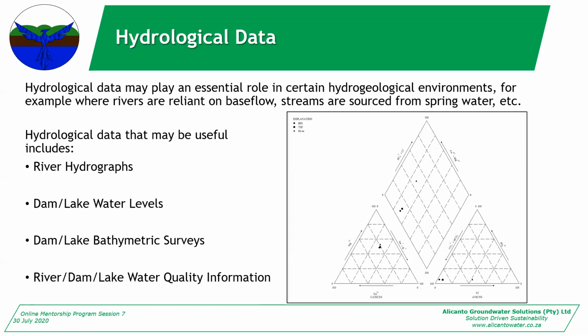We very rarely get that unless it's a specific study for a pit lake or something. And then your river, dam or lake water quality information to see if your groundwater is being impacted by the river or the groundwater is impacting your river.